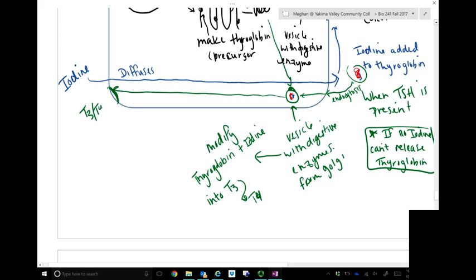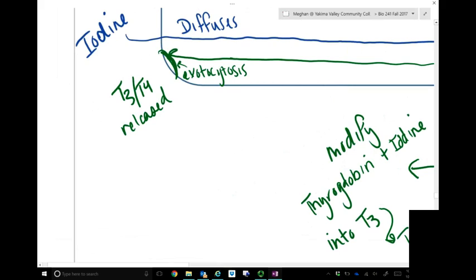That T3, T4 is going to be released here through exocytosis again, because we've got some polar, some non-polar sections, and if there's any polar sections, then we can't just diffuse.